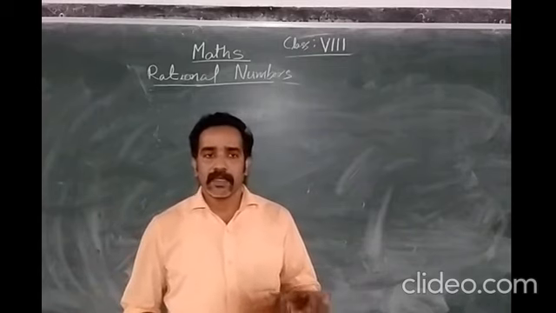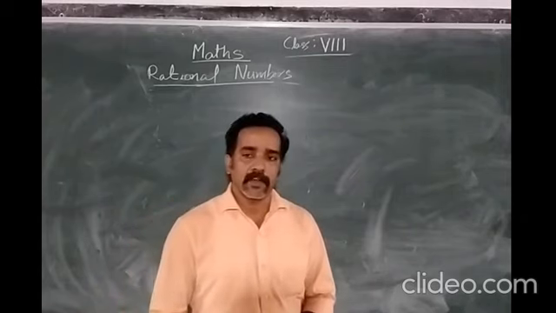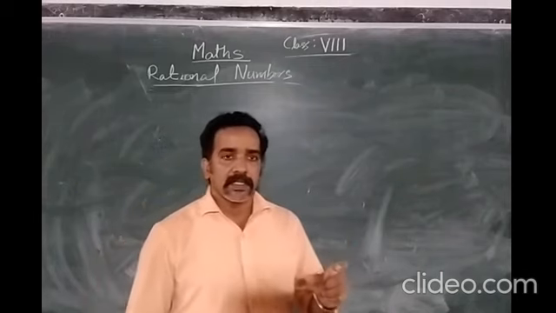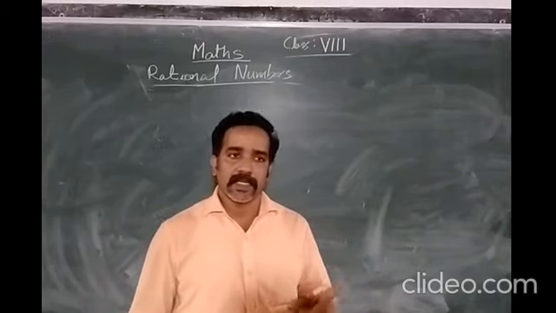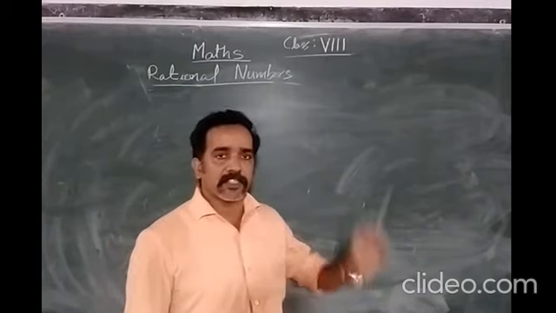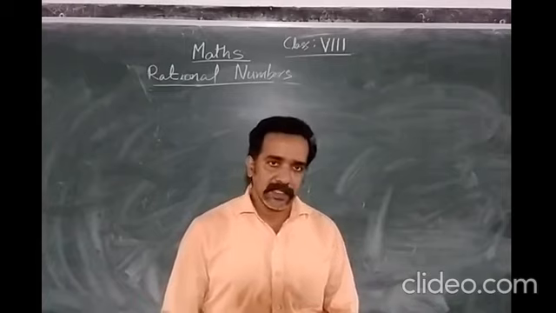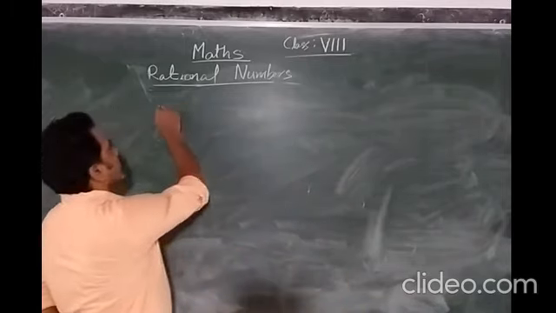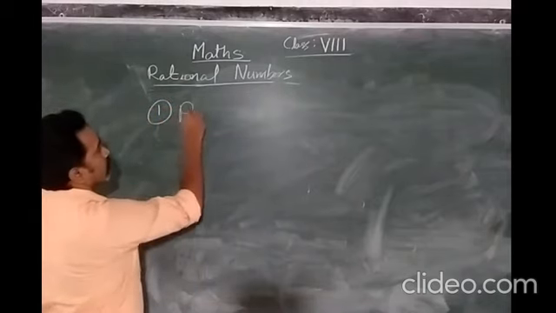When you perform these 4 operations on these sets of numbers, we can see some properties. Among them, the first property we are going to discuss today is the closure property.